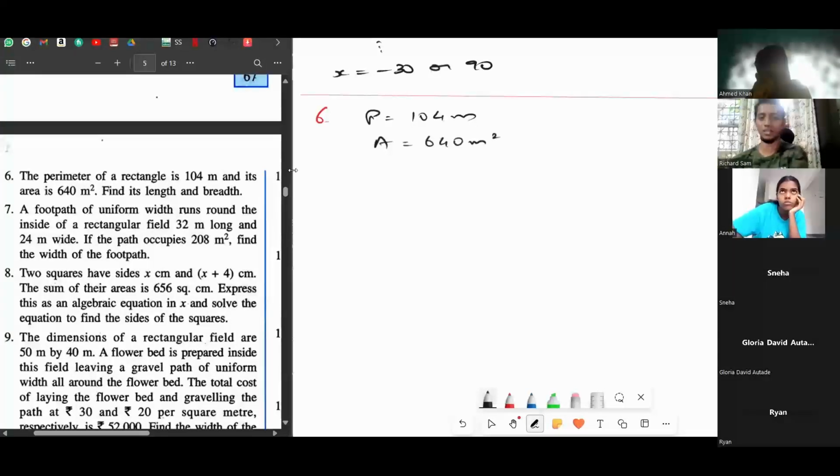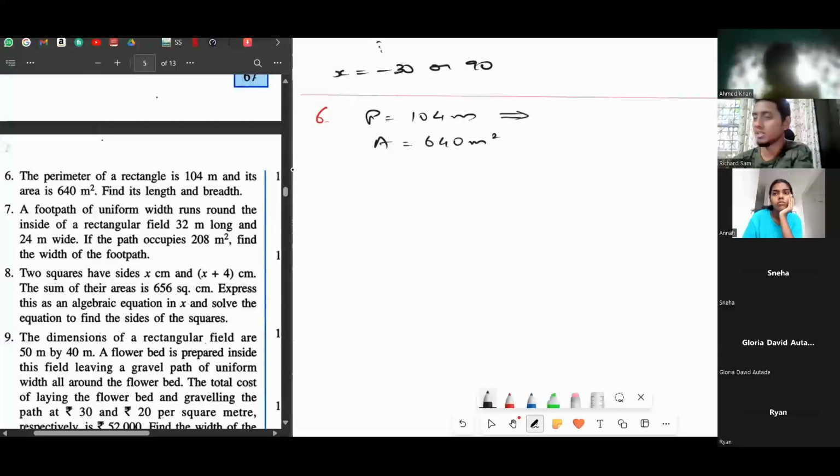Find its length and breadth. Okay, so what do we do here? We can't use L and B as two variables. If you're using L and B, then perimeter formula is what? You need to know the formulas. What's the perimeter of a rectangle?